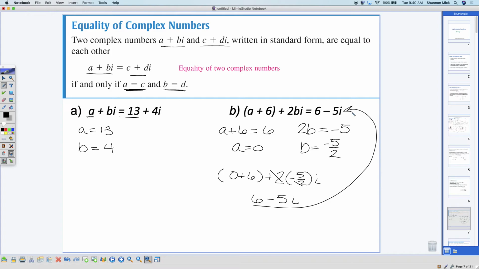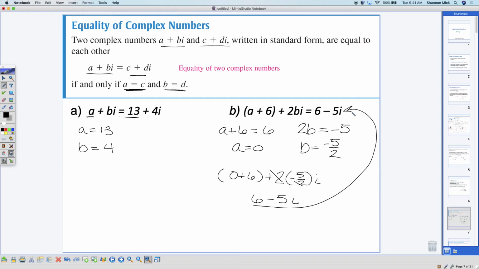That's all. Real equals real, and imaginary equals imaginary. Can I give you equations in those to solve? Yes, but real equals real, and imaginary equals imaginary. Again, don't worry about the i's because the i's are already there. If the i's aren't there, be scared. So instead of adding the 6 and the 2bi, you just separated those and made 2b equal to the real part.